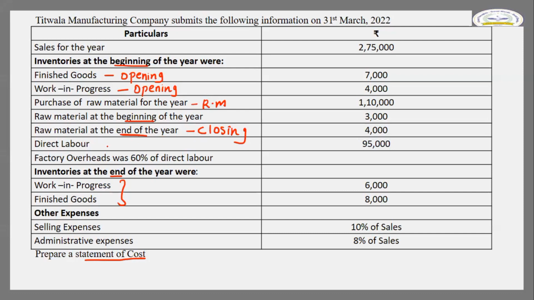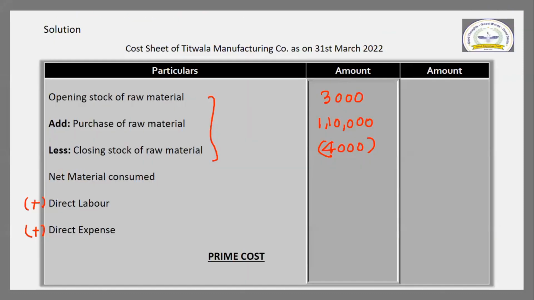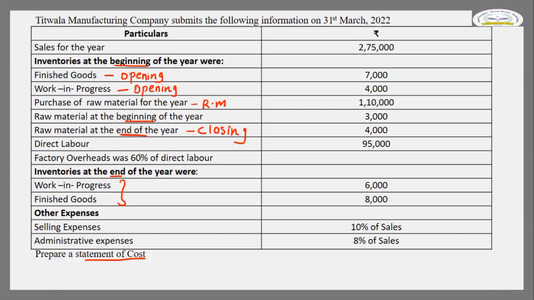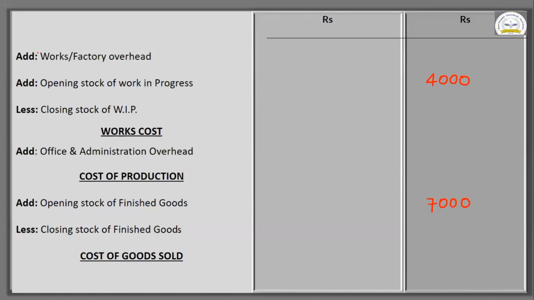Next one is direct labor. Direct labor is given, students, 95,000 rupees. So we are going to write 95,000 rupees in the outer column. Then we have factory overheads was 60% of the direct labor. 60% of direct labor means factory overheads.